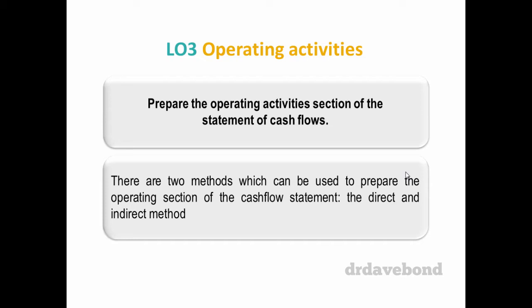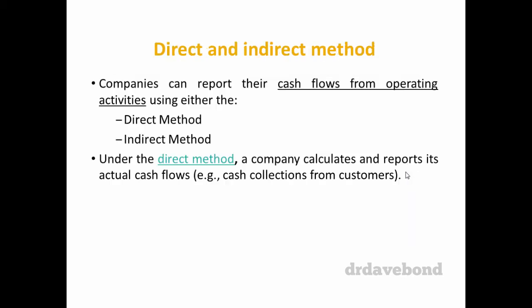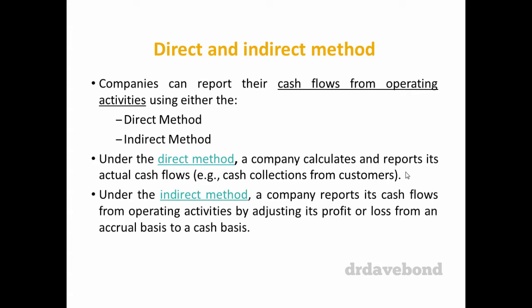With the direct method, you start from zero, and we'll do a quick explanation in the class with this. For the indirect method, you start at net profit. So with the direct method, you start at zero and actually look at the cash movements.